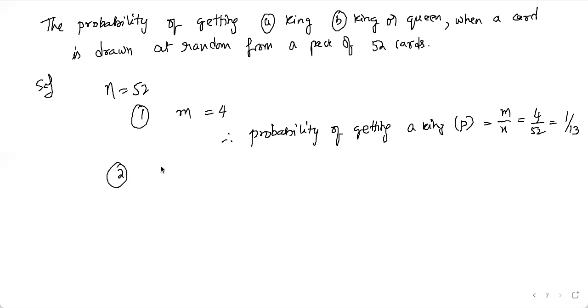The second one: the number of favorable cases, king or queen, is 4 plus 4, which is 8.